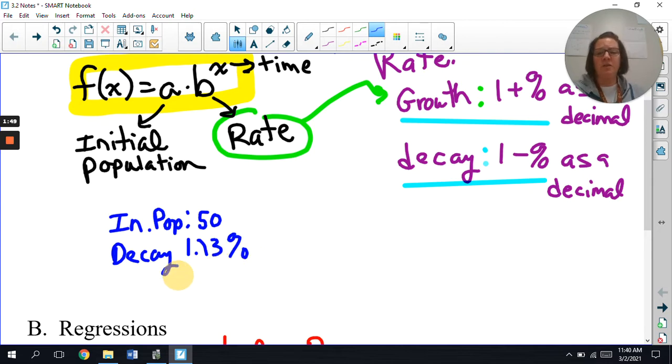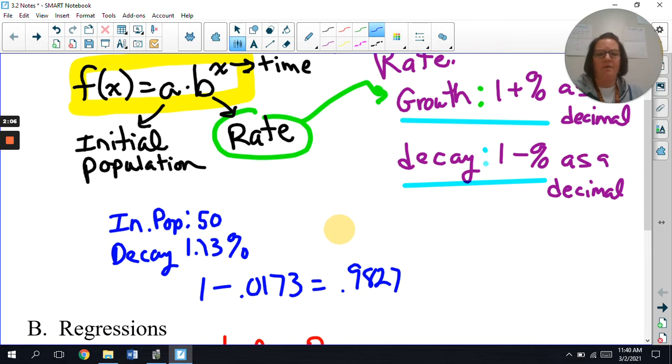The first thing you need to do is figure out your rate. So we do 1 minus 0.0173, because it's a decay, so I'm subtracting, and I get that value.